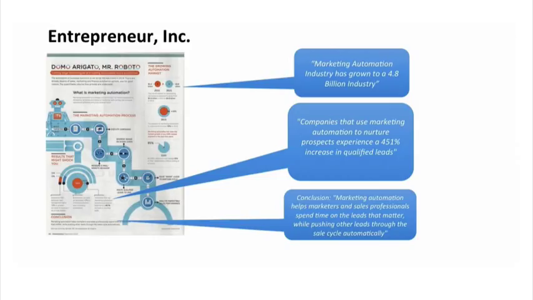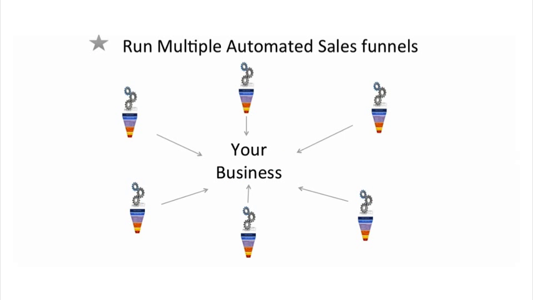Think about that the next time you get that junk Facebook lead that has just cost you money, that is throwing it away, right? You need high quality targeted leads, right? So Entrepreneur concluded that marketing automation helps marketers and sales professionals spend time on the leads that matter while pushing other leads through the sales cycle automatically, right?